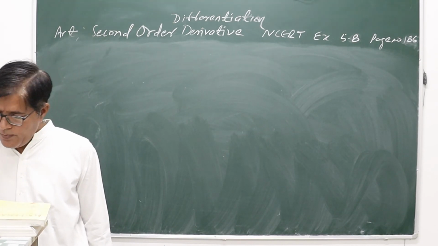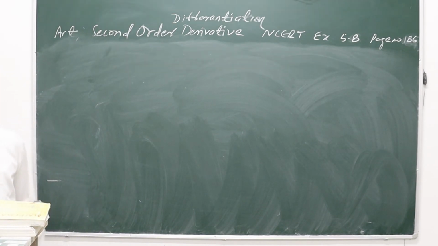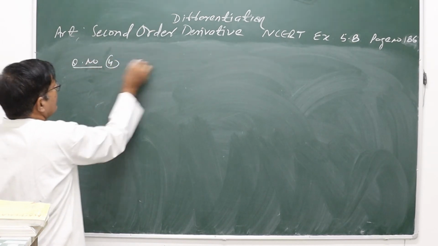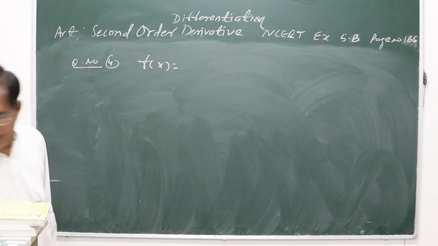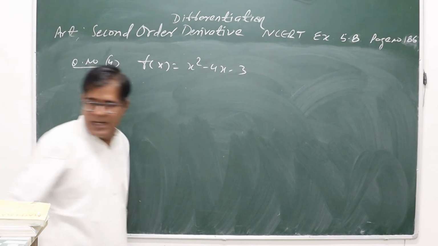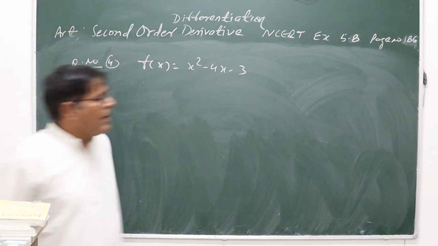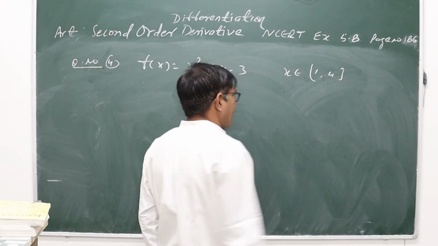Question number 4. Question number 4 is verify LMVT for the function f of x is equals to x square minus 4x minus 3, where x belongs to 1 comma 4 closed interval.